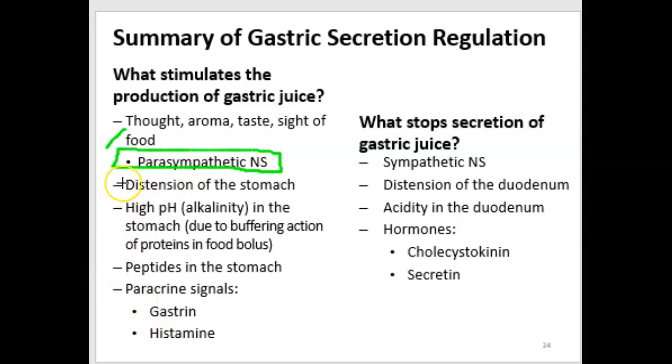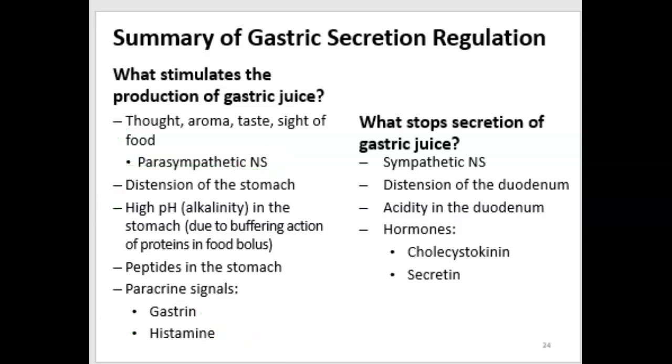Also, distension of the stomach causes some neural reflexes. High pH in the stomach because the food bolus that came in stimulated gastric juice production. The presence of peptides in the stomach. And then some endocrine signals from gastrin and paracrine signals from histamine specifically increase the hydrochloric acid content of the gastric juice.